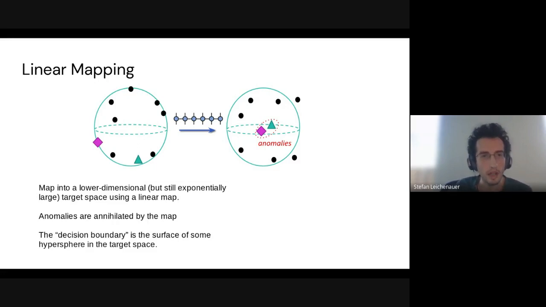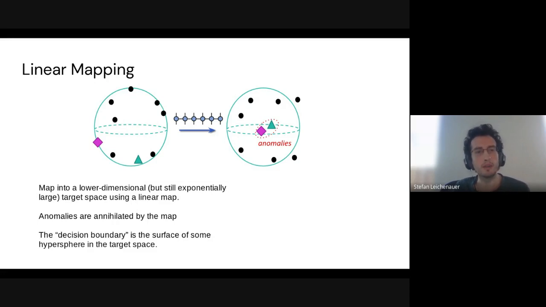But we want all of our anomalies to get annihilated by the map, which includes, even beyond the space being much smaller, not exponentially small, still exponentially large but much smaller than the original space, that we still want to annihilate most of the vectors. The normal images should still be a small subspace within the larger space.